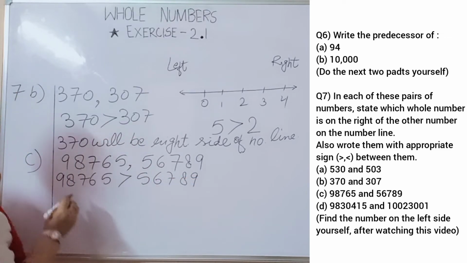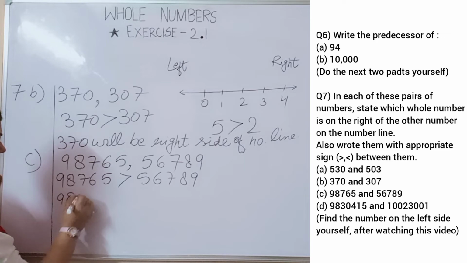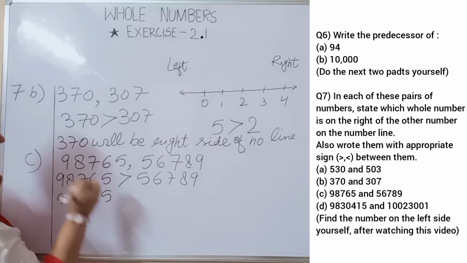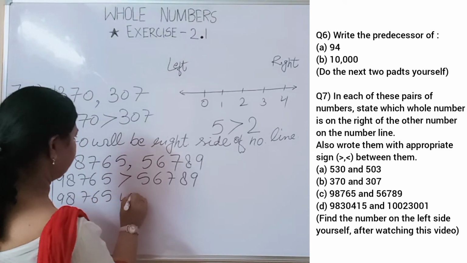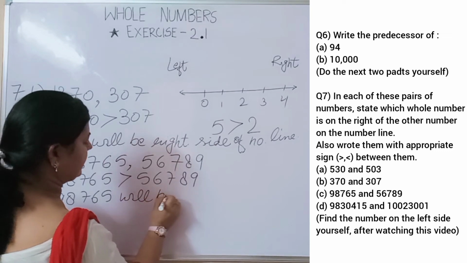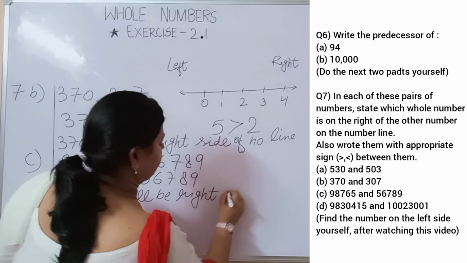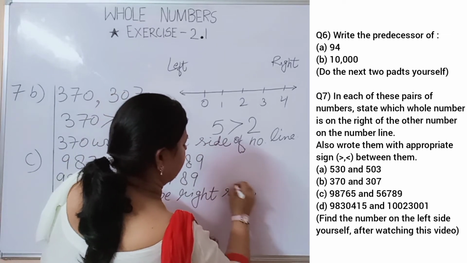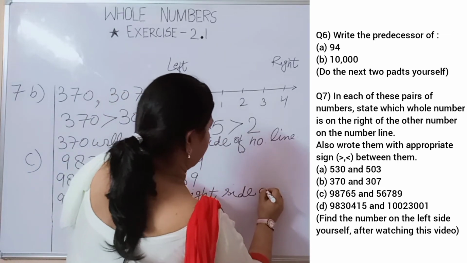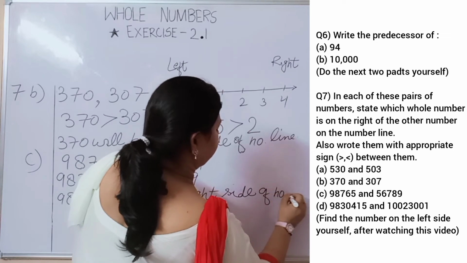And the bigger number is 98,765, and of course this will be on the right side of the number line.